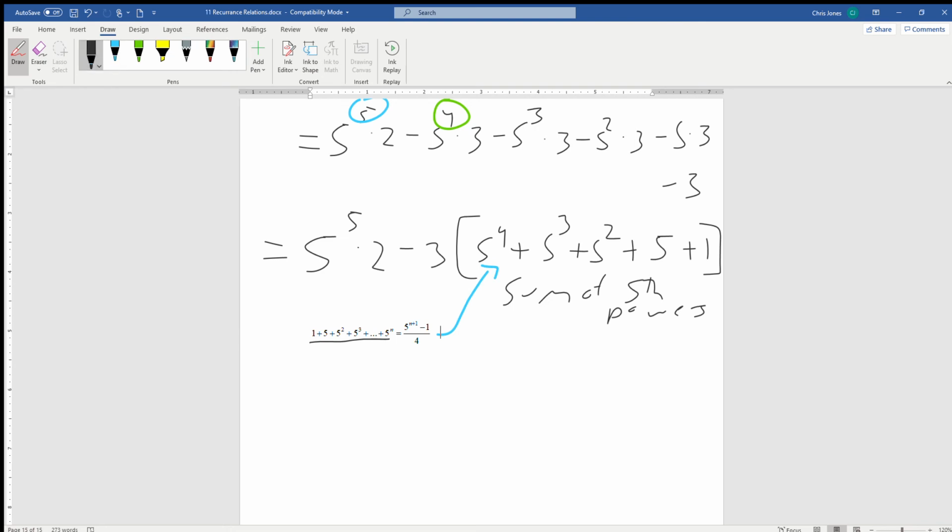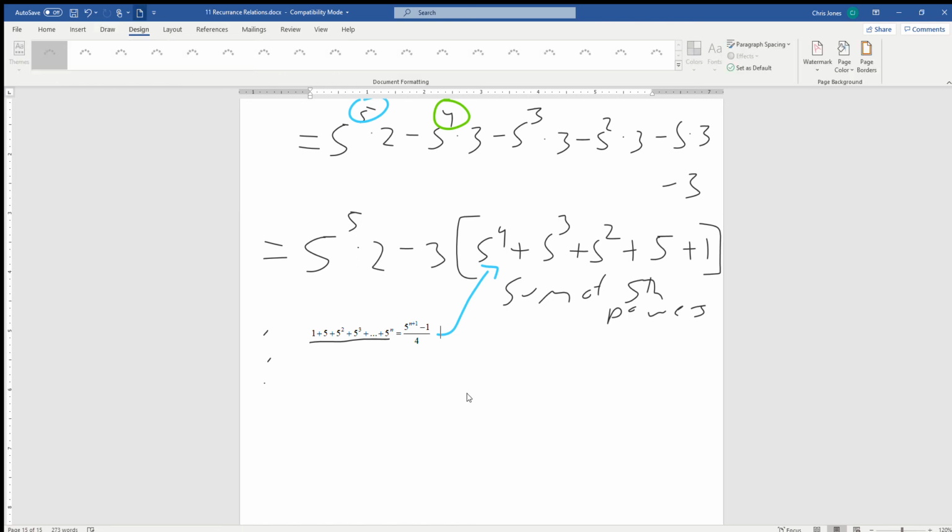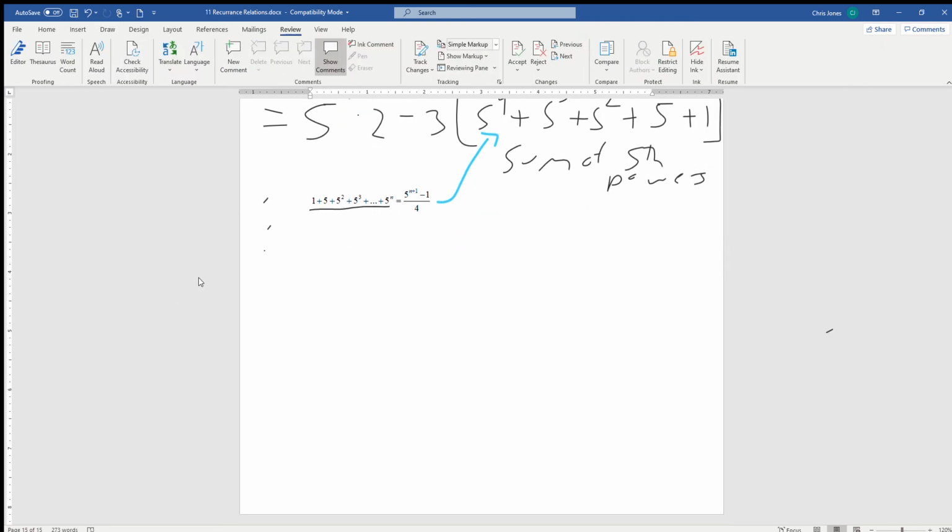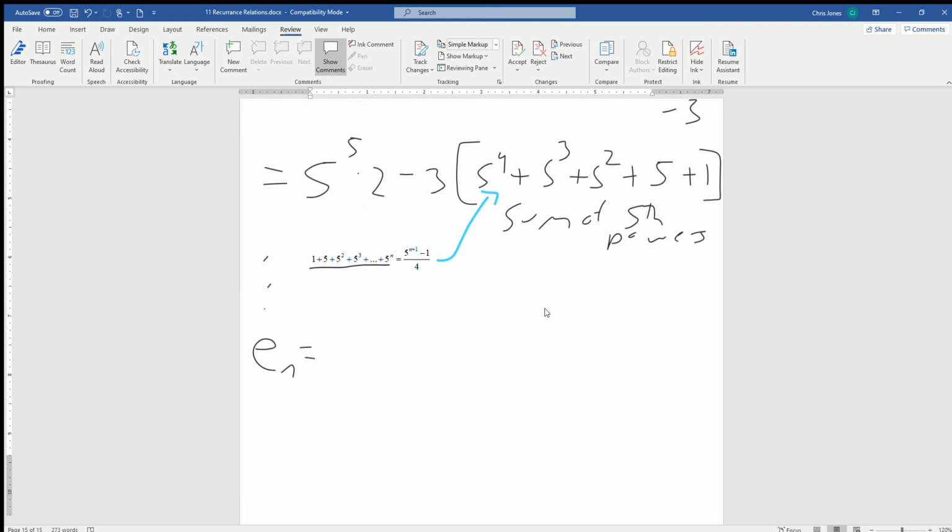And so if I was to guess a closed form, and we're going to simplify it after we're done, we could say that e sub n is going to be equal to 5 to the n times 2.